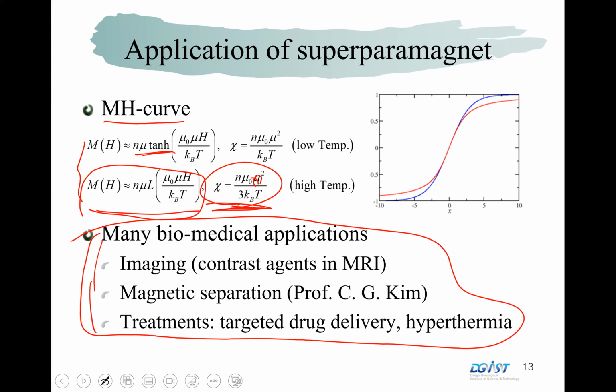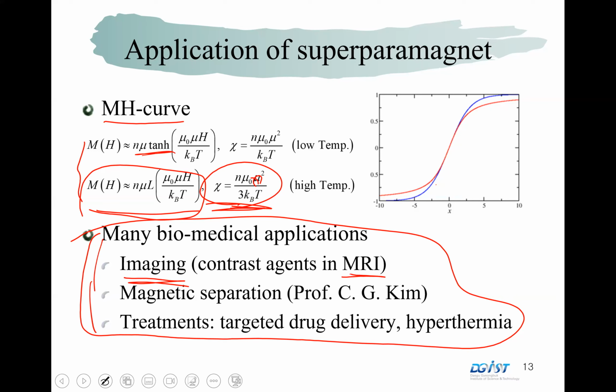As I said, superparamagnetism itself is very harmful for memory applications. But in biomedical applications, it plays a very important role, especially in imaging using MRI. They are using some contrast agent, made of magnetic nanoparticles.